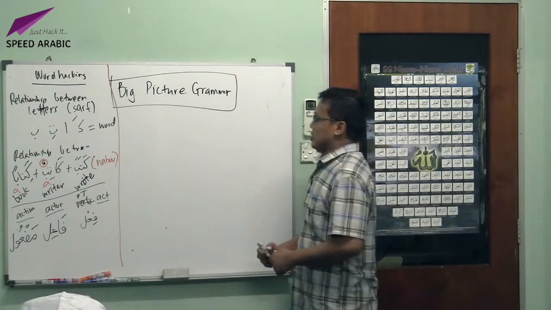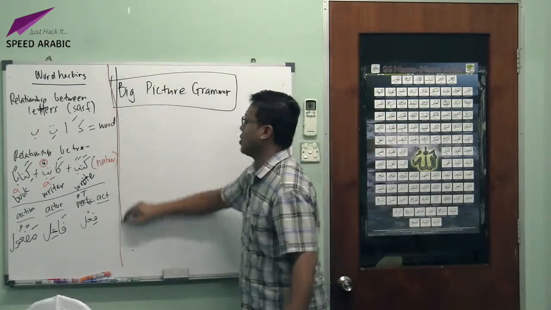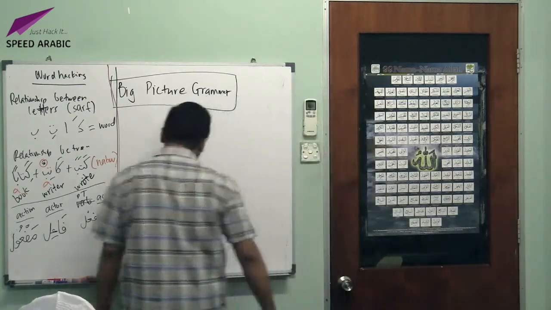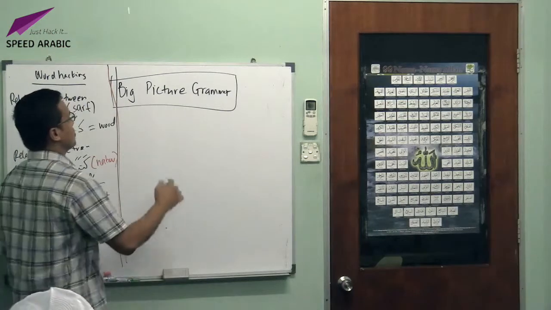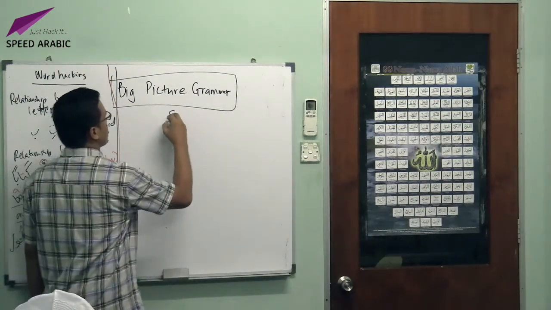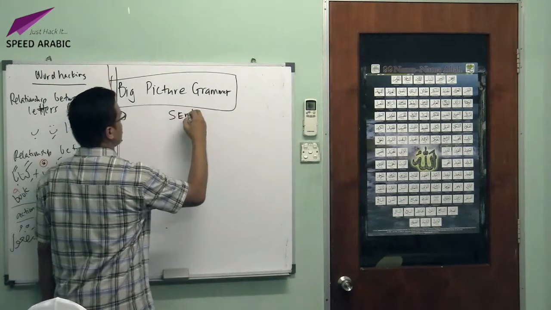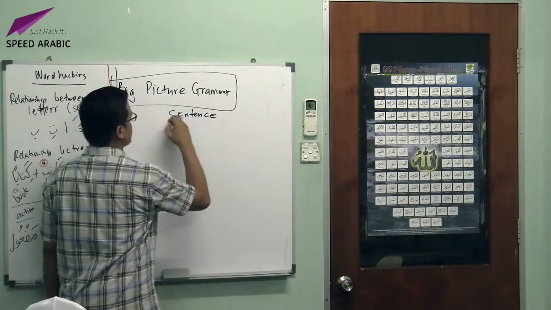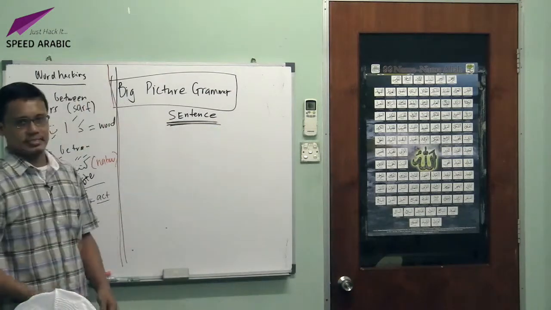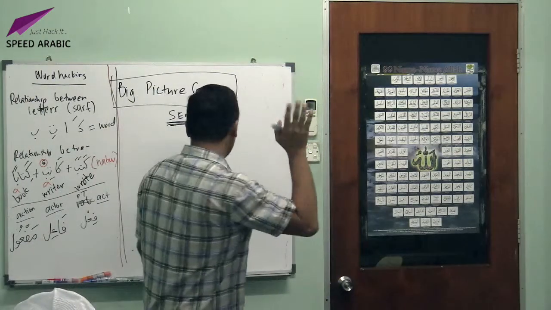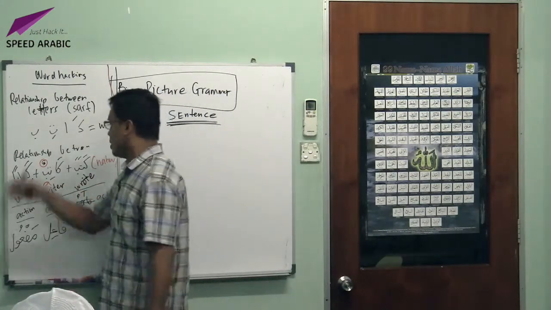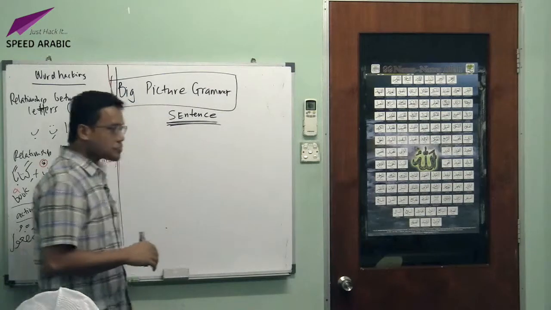So let's go to big picture grammar. Big picture grammar is talking about one thing: sentence. What makes a sentence a sentence? When you do all those i'rab, you say this is al-madi, fa'il, maf'ul, mansub, whatever.